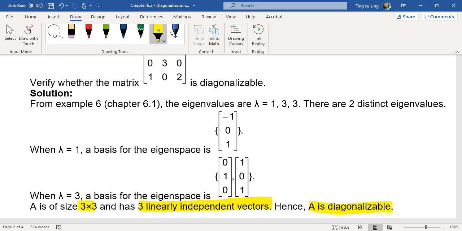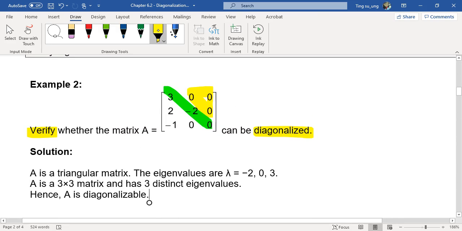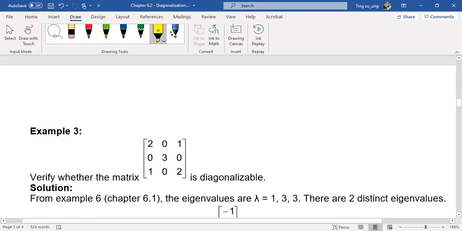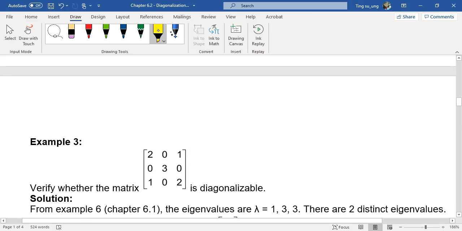So can you see the questions here? If, like this one, you already have 3 distinct eigenvalues, you can just conclude A is diagonalizable. But if at the first place you found out that you have only 2 distinct eigenvalues, you cannot strictly conclude that it's not diagonalizable.